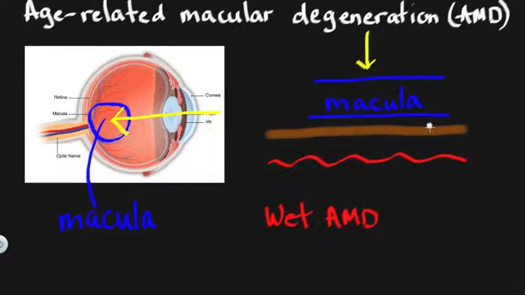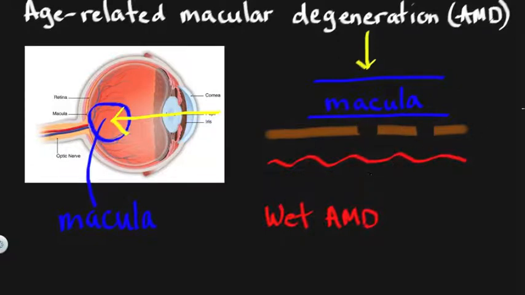So if I were to draw holes in this pigment layer, let me see if I can do a better job of that. Perhaps I can do this. So if we see here all of a sudden holes forming in this pigment layer, sort of defects, so to speak. Here we have a hole in the pigment layer, here we have another hole in this pigment layer.